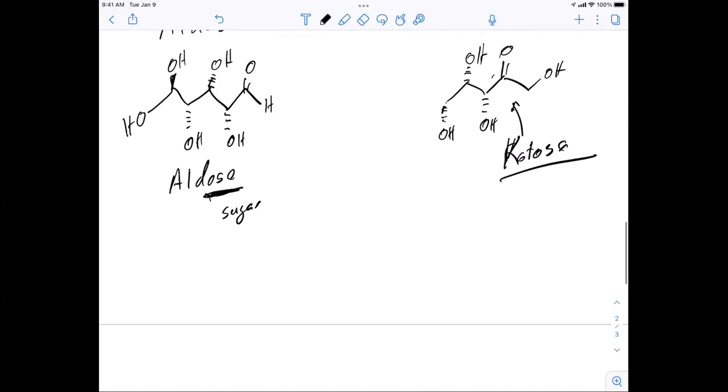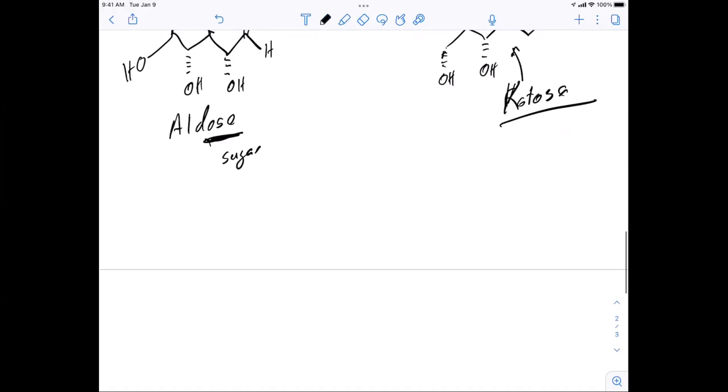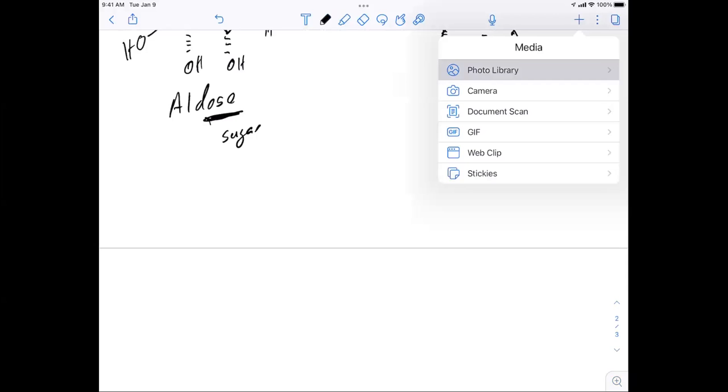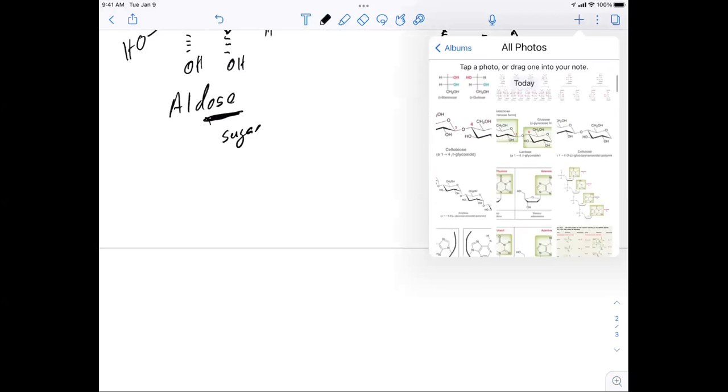Now, one, because I'm not a biochemist, and two, because it's a lot of drawing, I'm going to pull up a lot of pictures today. I'll give you enough time to draw them out. They're also in your book.